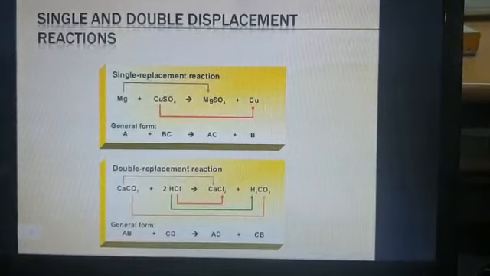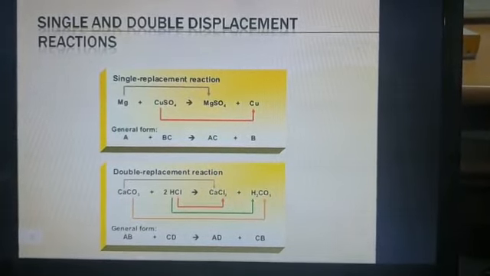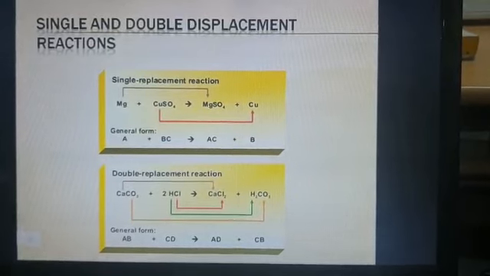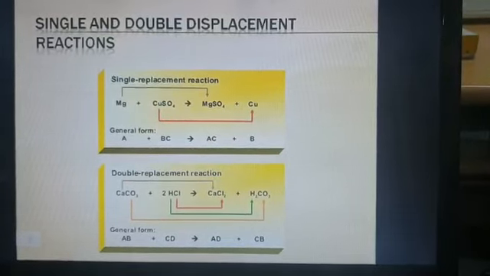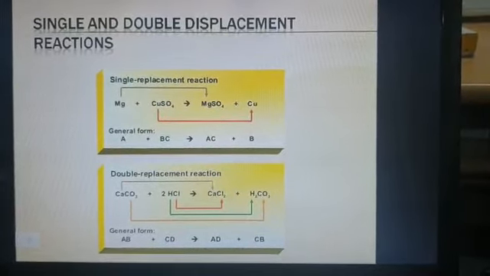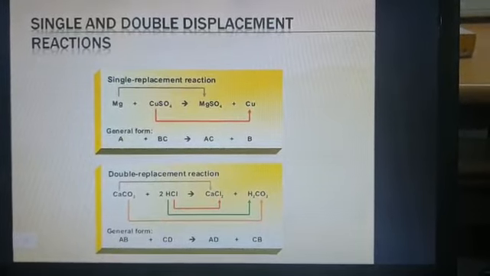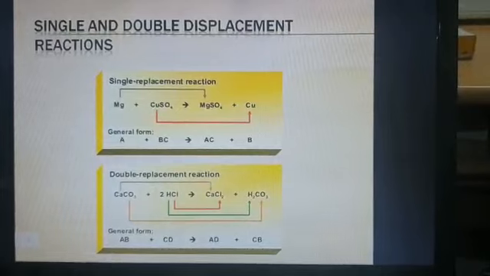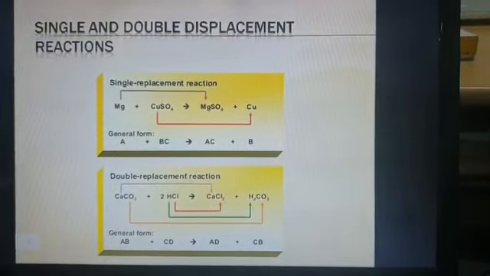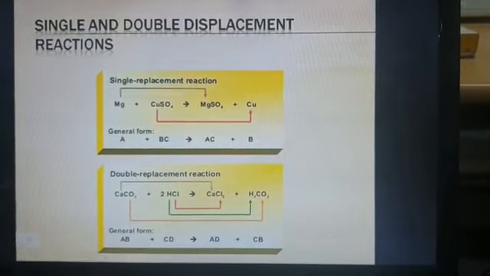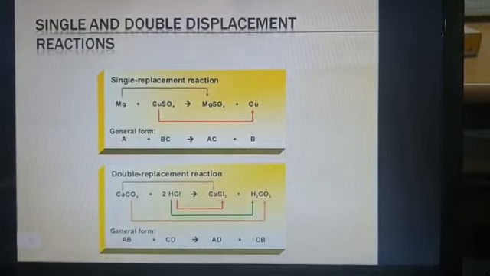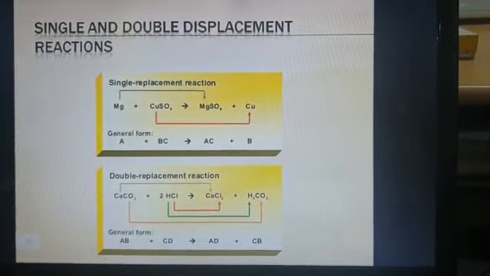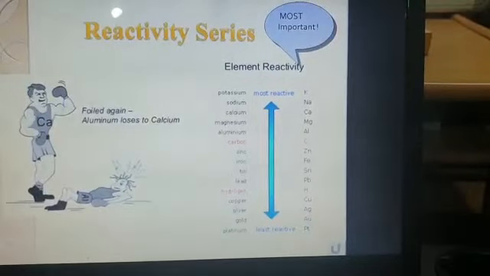General form: AB plus CD gives AD plus CB. A takes the place of C and C takes the place of A. So if two substances are displacing each other, that is called a double displacement, and if one substance is displacing the other element, only one, then it is called a single displacement reaction.